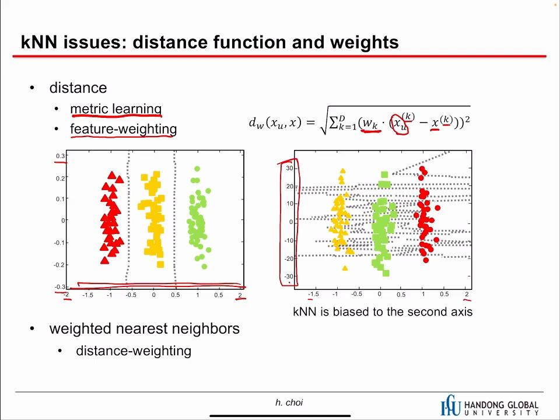Then when we calculate the distance, this one is close to this one rather than this one, right? Because the distance between these two is almost 0.5, and the distance between these two is almost 5. So it looks like this one is closer to this one, but actually this one is close to this one rather than this one.